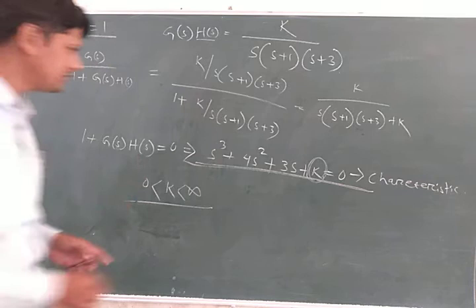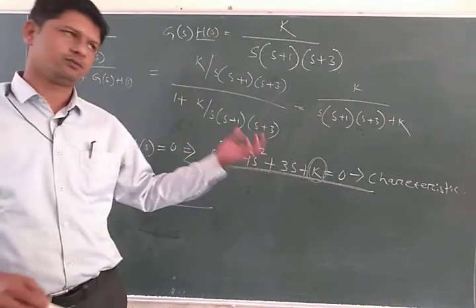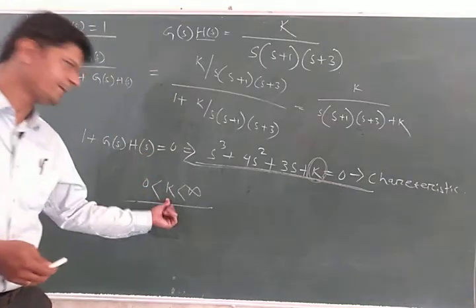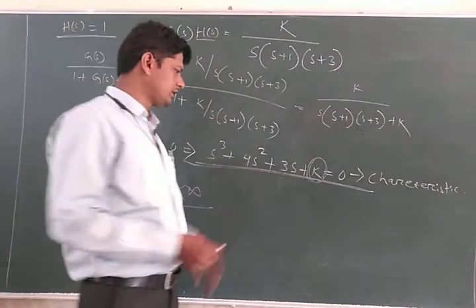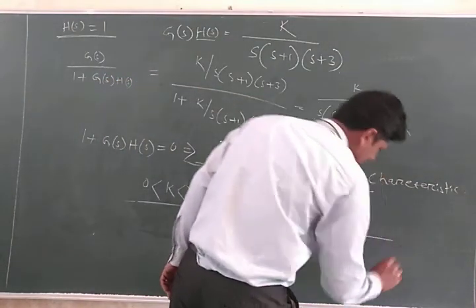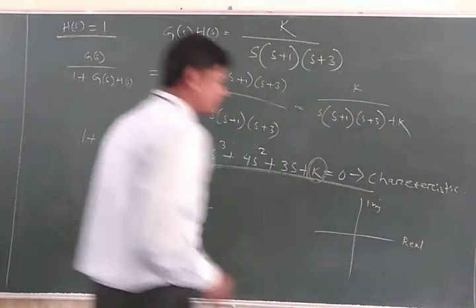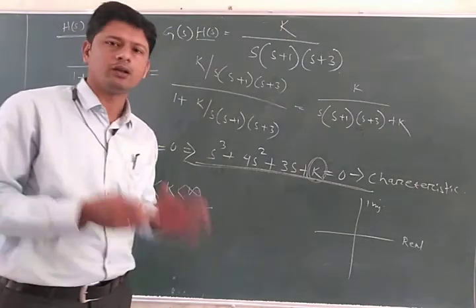By increasing the value of K from 0 to infinity, we will find individual roots for each value of K, and we want to locate the roots in a standard s plane, that is, real axis and imaginary axis, and find out whether the roots are on the left hand side of this s plane or not.